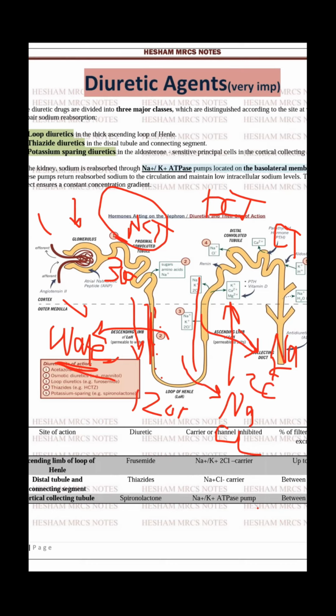Keep this. This tubular function is very important. The descending limb of the loop of Henle is responsible for reabsorption of water and for increasing the medullary interstitial osmolarity from 300 to 1,200. Then the ascending limb: the thin ascending is responsible for reabsorption of sodium and chloride, while the thick ascending is responsible for sodium, potassium, and 2 chloride. This is the function of the loop of Henle.